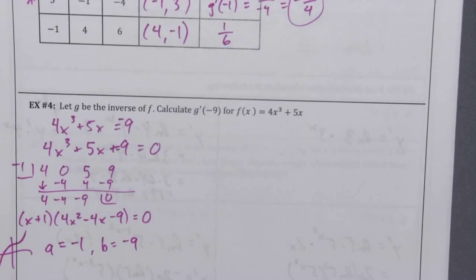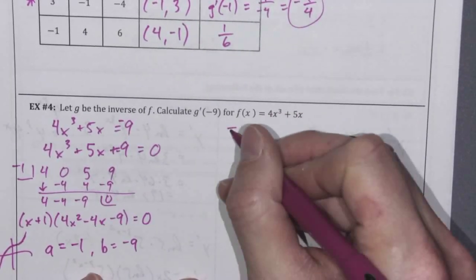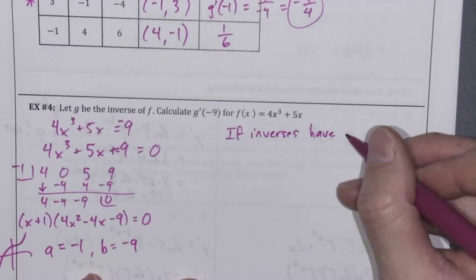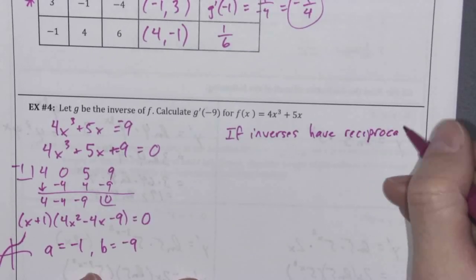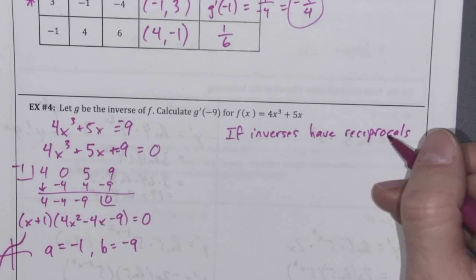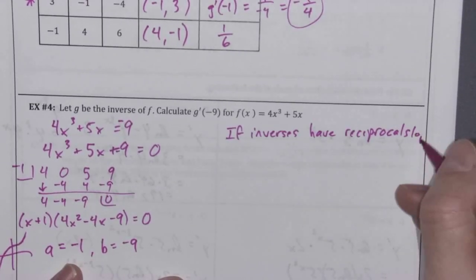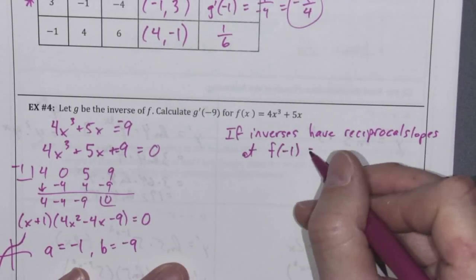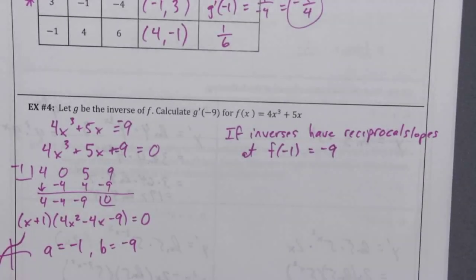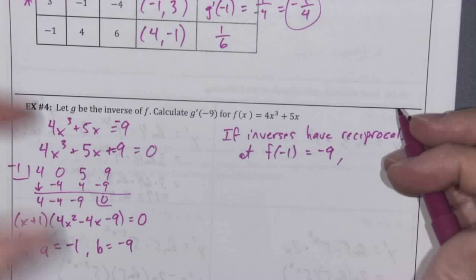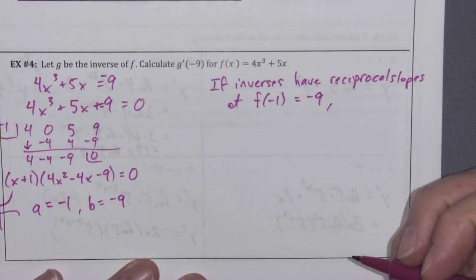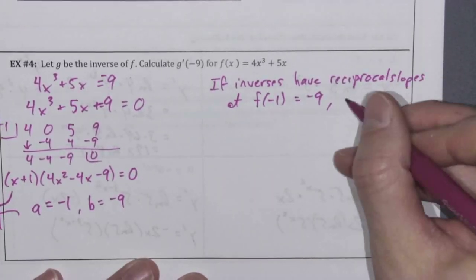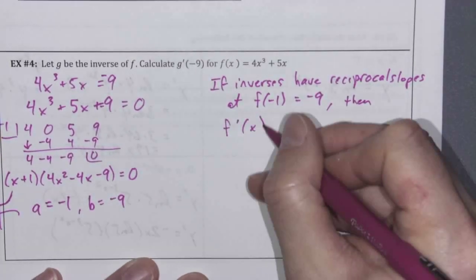So what I want is that if the inverses have reciprocals, okay, reciprocal slopes at f of negative 1, all right, then what we do then is we find out what the f prime is, okay?